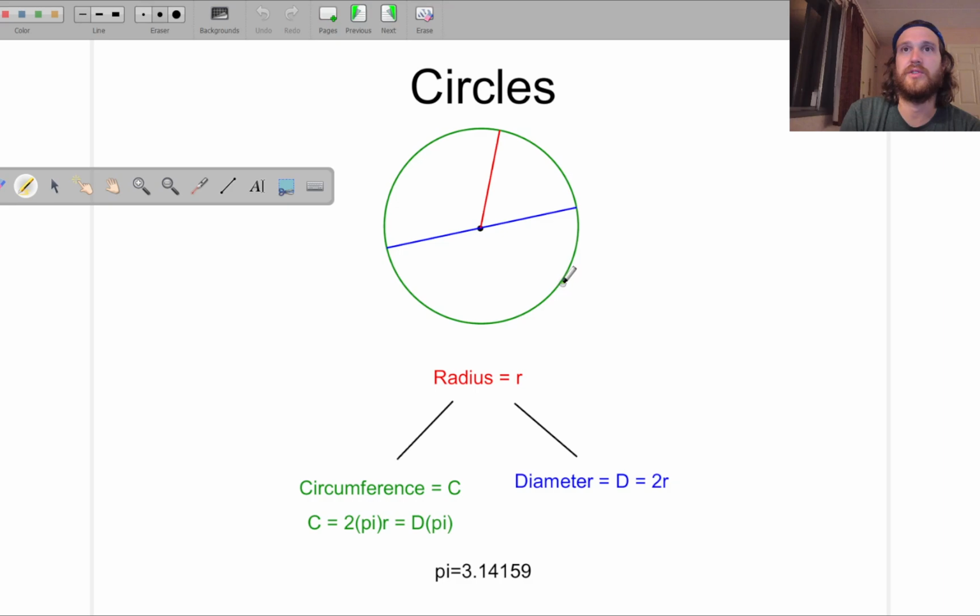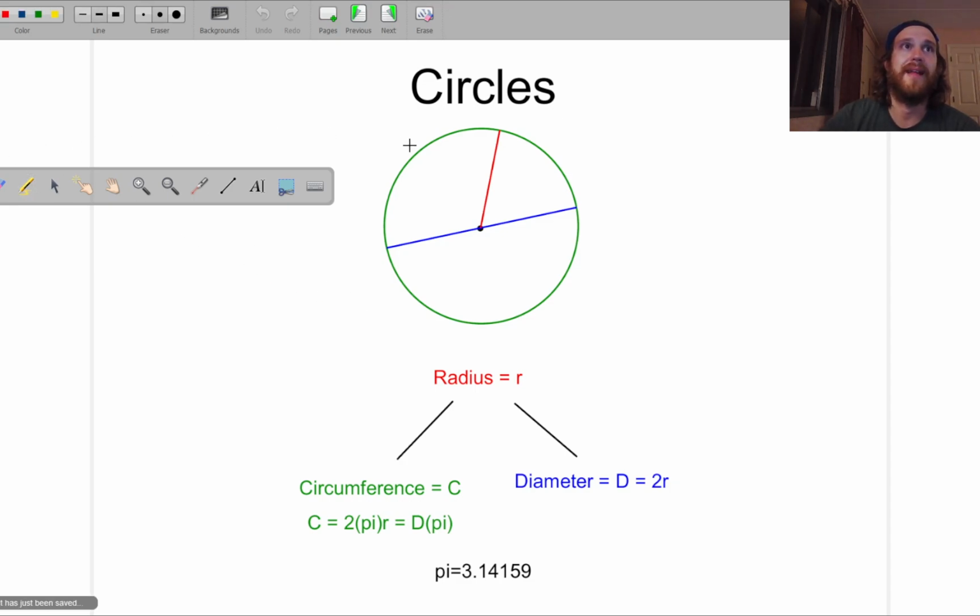This point is that distance away, this point is that distance away, and the distance that I'm talking about is called the radius. That has a name. The radius goes from here down to the center of our circle, and the distance all the way across through the center is called the diameter.